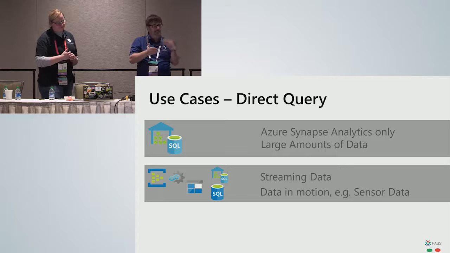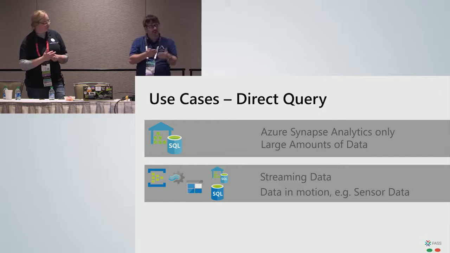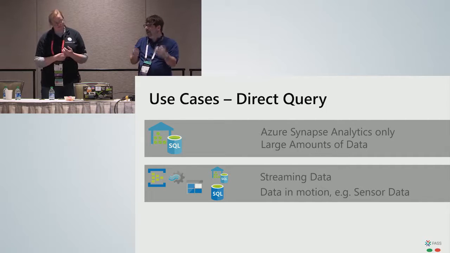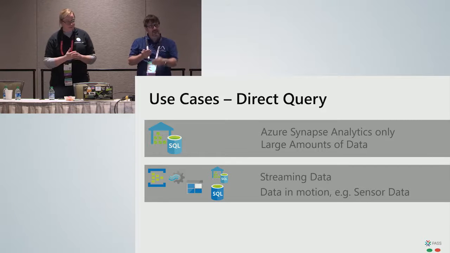Now we are architecting solutions where we stream data in parallel to the detail table in a larger store and aggregate it with, for example, streaming analytics, so that we no longer have this gap. But this means we have direct query for both kinds of tables, the detail table and also the aggregation table.